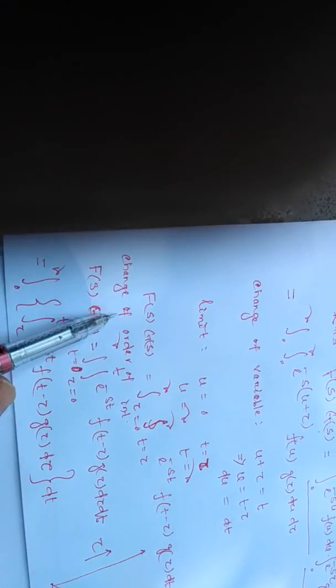Now for the simplification of the problem, I will change the order of integration. That means I will do the tau integration first and the t integration second. As you know from the geometry, this is the line t is equal to tau.